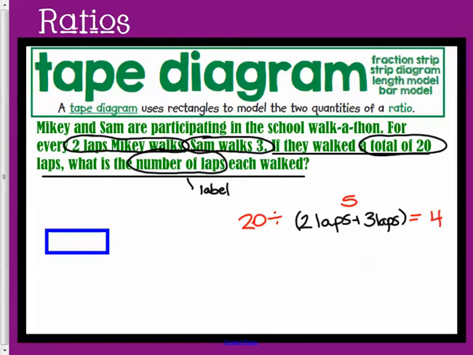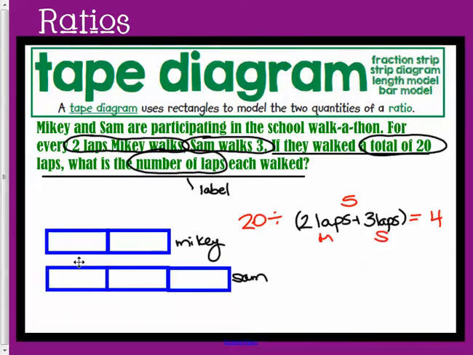So we know there's going to be 2 laps for Mikey and 3 laps for Sam. So I set up my tape diagram with 2 laps for Mikey and 3 laps for Sam, and then I put the 4 in each one of the boxes.